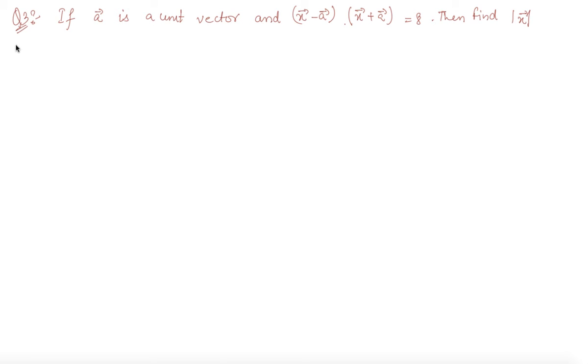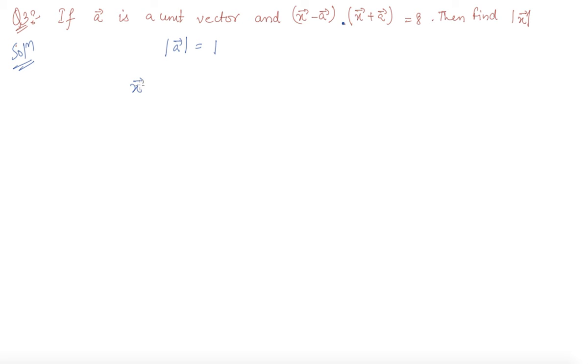So students, here is the question number 3, which states that if A is a unit vector and x minus A dot x plus A is given as 8, then we need to find out the mod of x. We are also given A is a unit vector, meaning mod of A is 1.